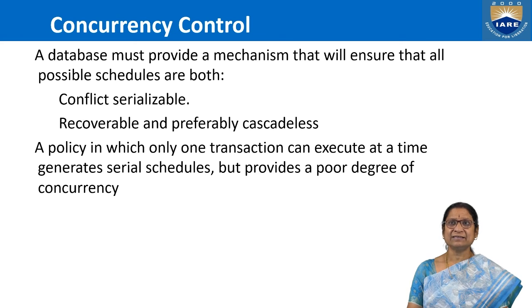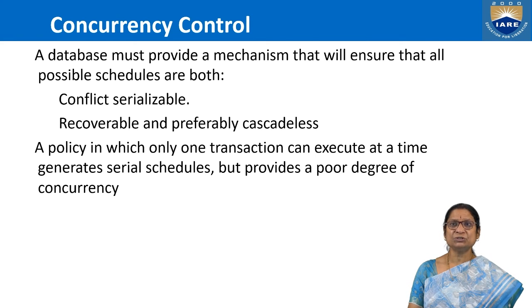Because of the concurrency control mechanism, all transactions are executing in parallel. That's why a database management system should provide a mechanism and ensure that all possible schedules are both conflict serializable as well as recoverable, preferably cascadeless also.